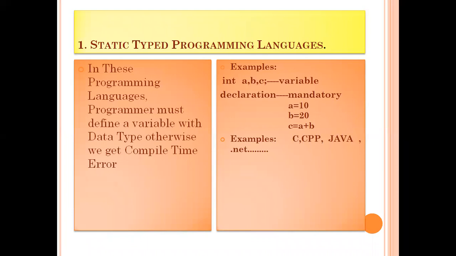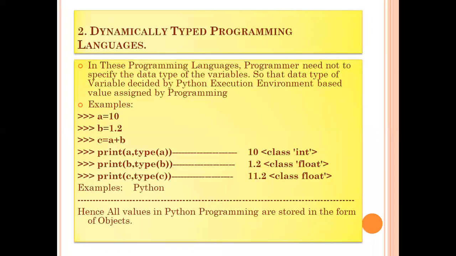So that is a static type programming language. Second is the dynamically typed programming language. In this programming language, the programmer need not specify the data type for a variable. The data type of the variable is decided by the Python execution environment, and the value is assigned by the programming language.